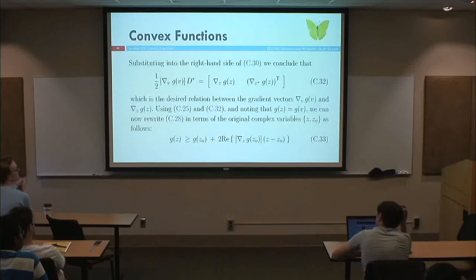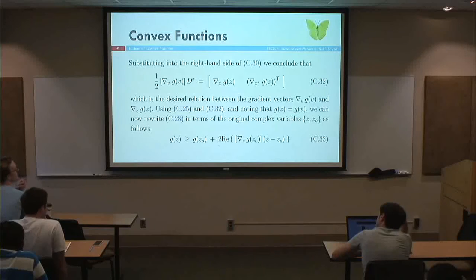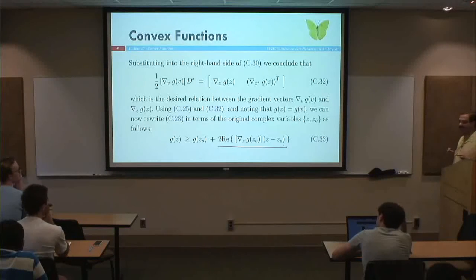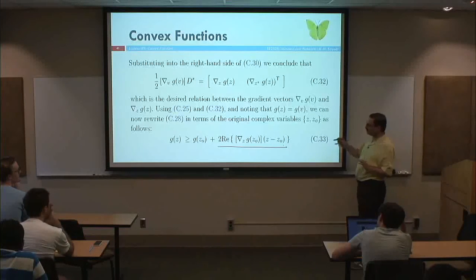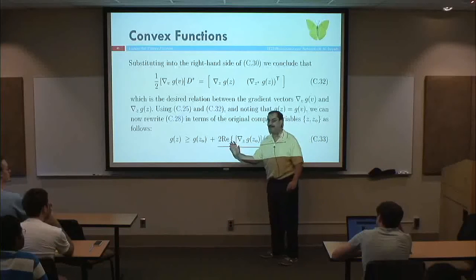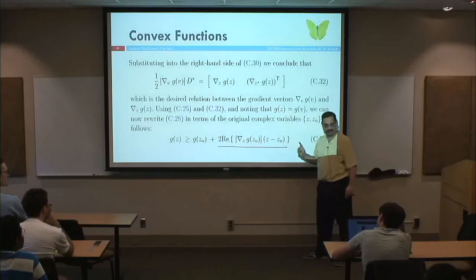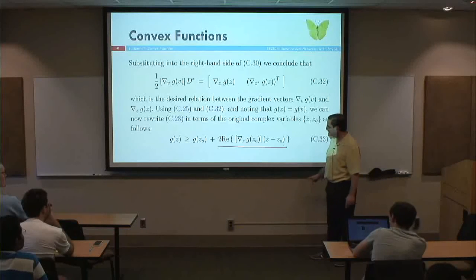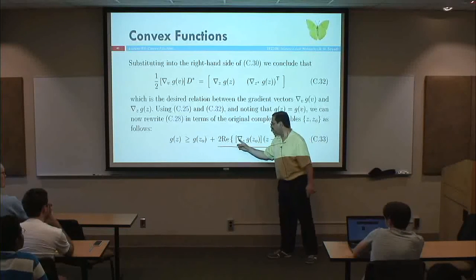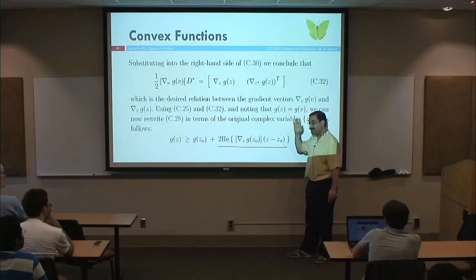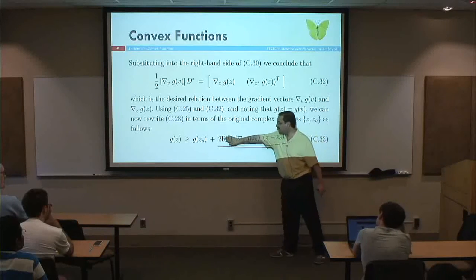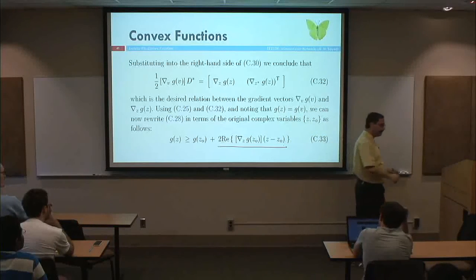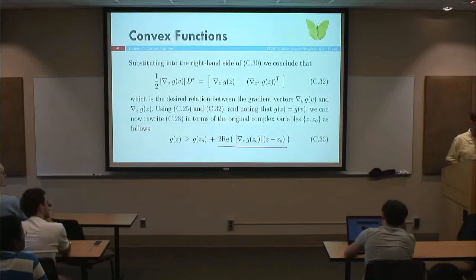So when you do this calculation, you see what the relation becomes in the complex case. This is what it becomes. G of z is lower bounded by this linear function that you have here, except that it is 2 times the real part of that inner product. When we were dealing only with real data, you did not have the 2 real parts. So these differences come up.